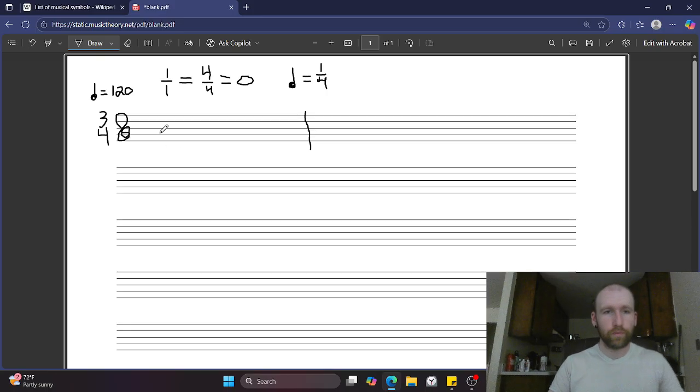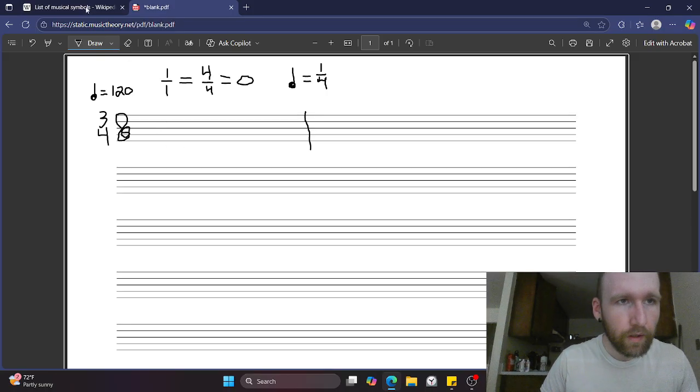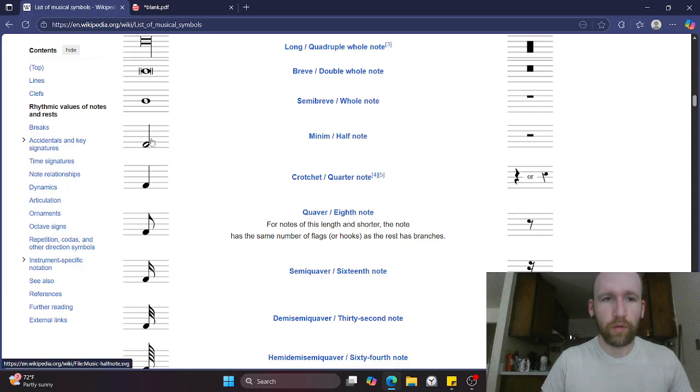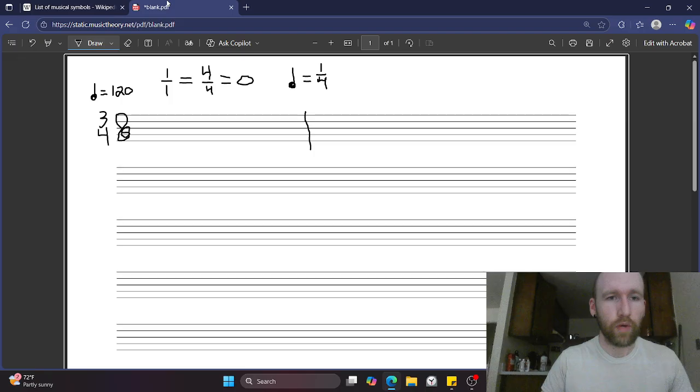We could do a half note with the quarter notes, right? We could do a half note here. That's kind of a good way of writing this, I think. Do a little swirl and go up. Right? We'll fill this in.